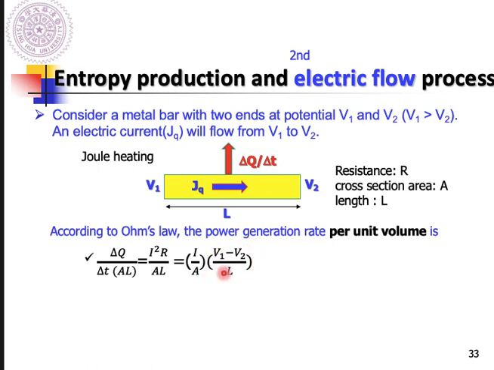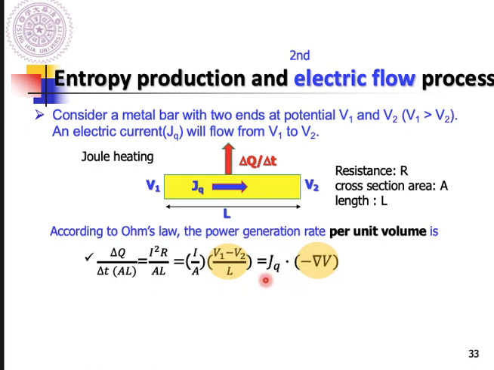And this turns out to be the difference of the electrical potential divided by the length, so it's the electrical potential gradient, right? So you can write it down as the current density times the minus electrical potential gradient.